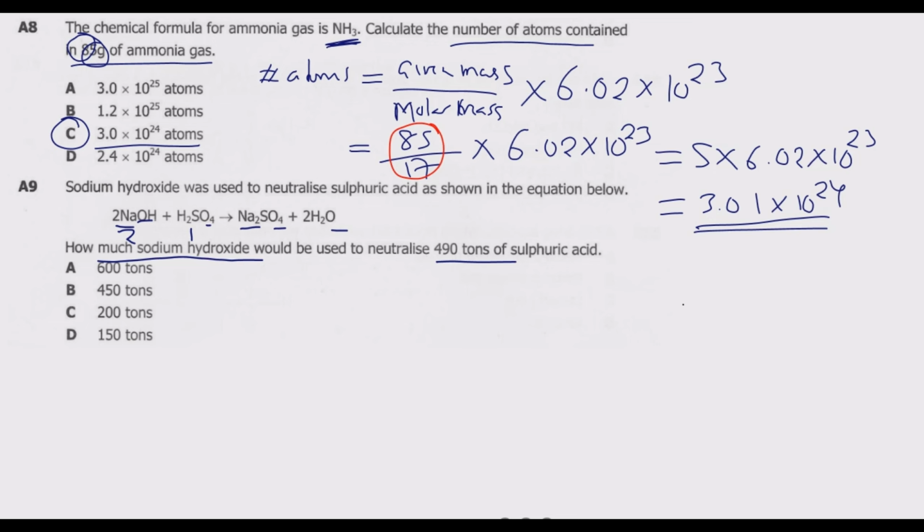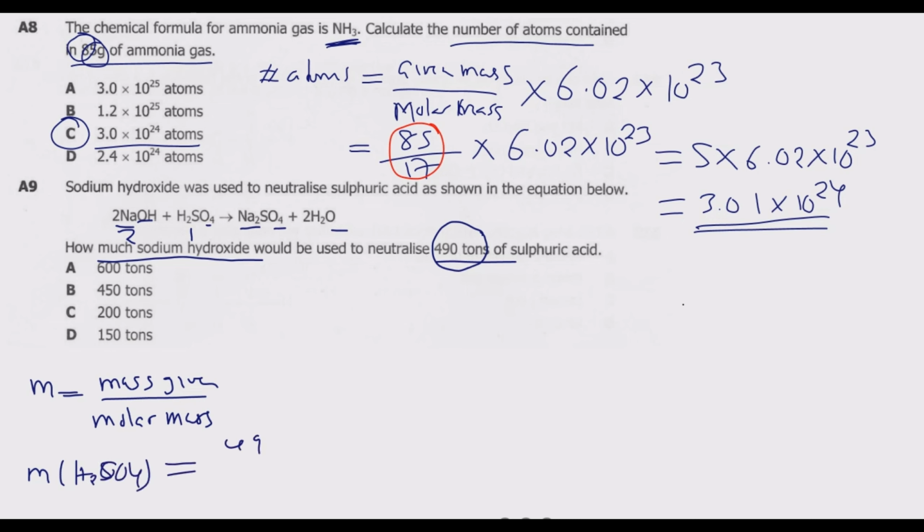For every 2 moles of sodium hydroxide, we need 1 mole of sulfuric acid. The next step is to find the number of moles in 490 tons of sulfuric acid. The number of moles, which we shall call M, is given by the mass divided by the molar mass. So the moles of this sulfuric acid will be equal to 490 tons.